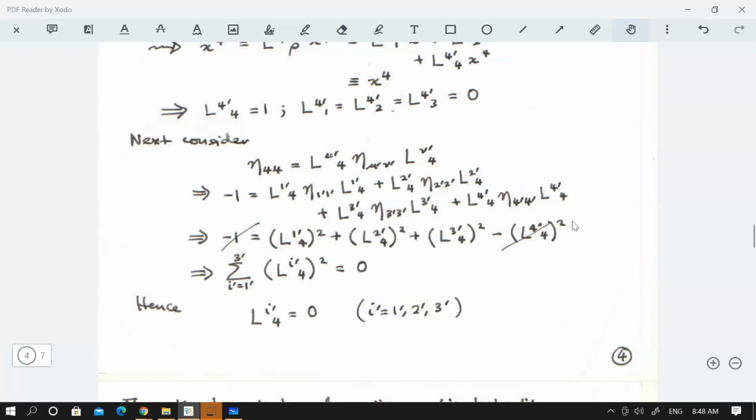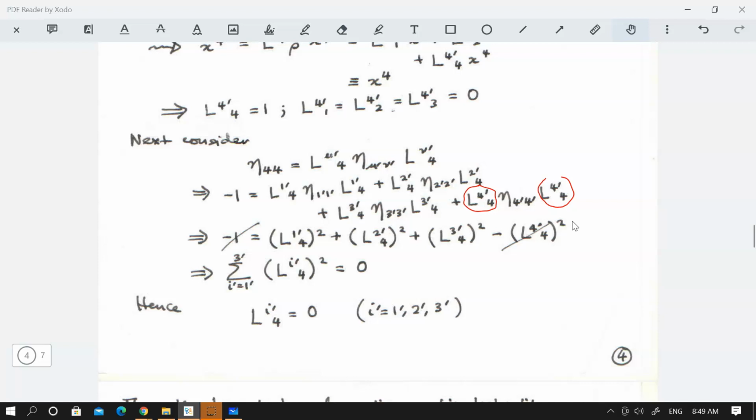The one that we had earlier was L4-4, which appears here and appears here, so we can use that now. Here this is equal to 1, this is equal to 1, but this is equal to minus 1. So this part will cancel off with this part, and we are left with this L1-4.